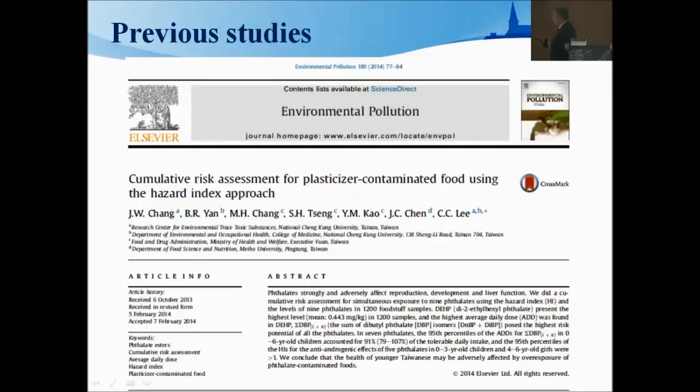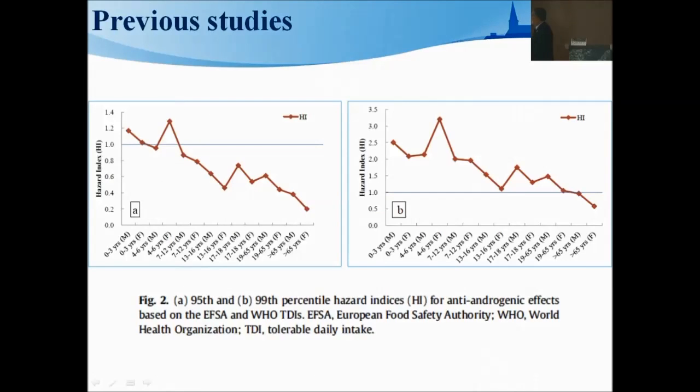We used this data to develop a cumulative risk assessment for different age populations using the hazard index approach. This figure shows the anti-androgenic effect of the hazard index, and we can find that ages 0 to 3 years, both male and female, and 4 to 6 years for females have the higher hazard index.